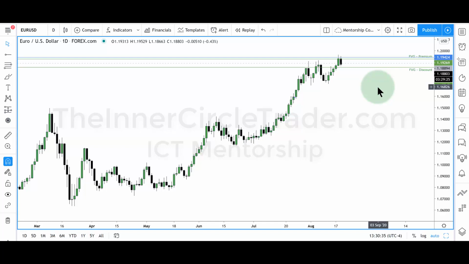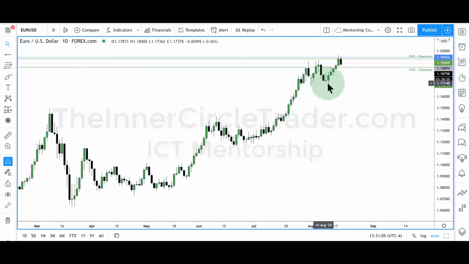For instance, if it's daily fair value gap discount level, what date is it that it's anchored to, and vice versa with the fair value gap on the premium level, which date is framing that particular level. And if it's a lower time frame, the date and what time of the day. Makes it a little bit easier to keep reference of things like that. Not essential, but for organizational purposes, it's worthwhile.